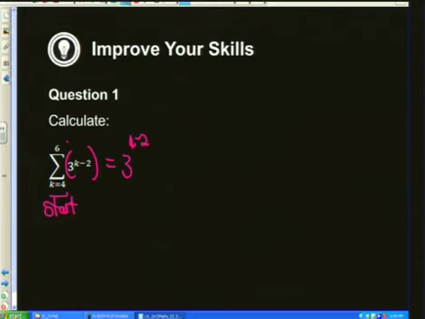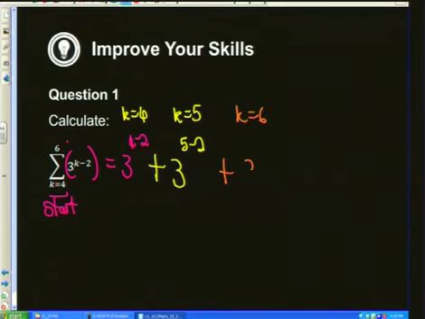And then to that, I would add 3 to the 5 minus 2. Because remember, I would start with the k equals 4. Then the next one up would be k equals 5. And then the last one I would put in here is when k equals 6, and that would be 3 to the 6 minus 2.